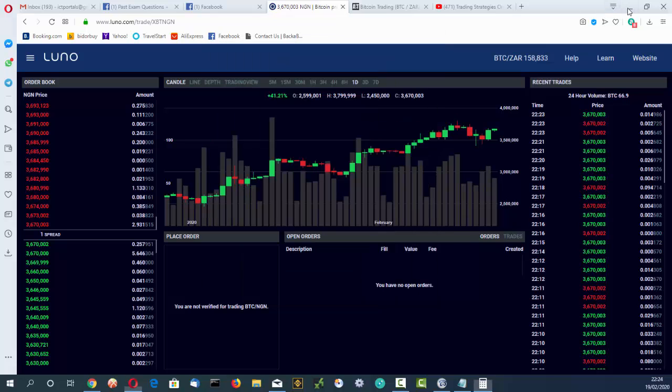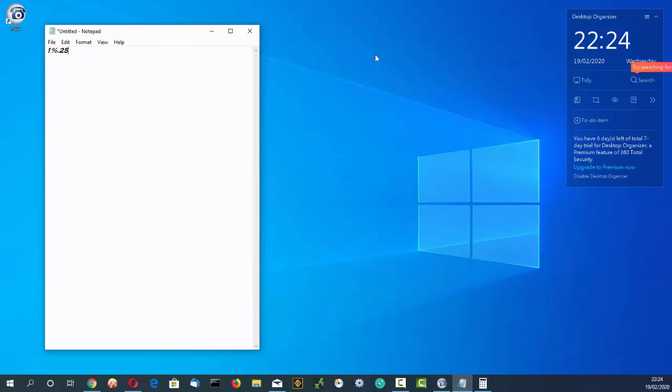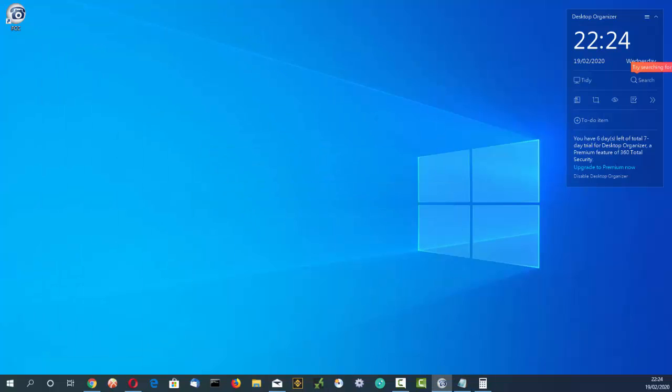Let me quickly check if I can be able to achieve that. Do I have the software on this platform? No, I don't have the software here.